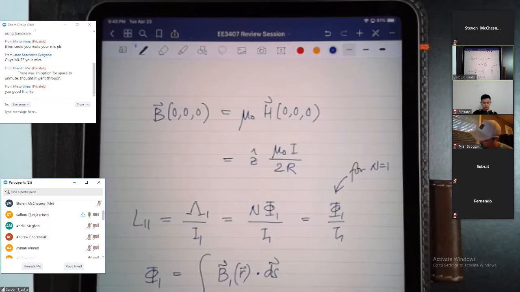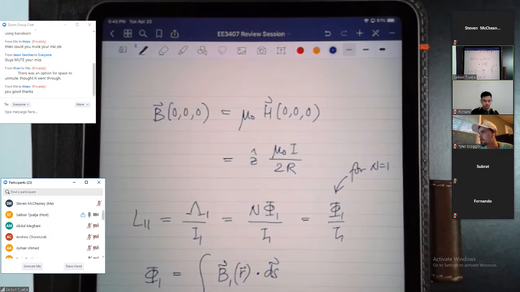If we use the cylindrical coordinate system, then at any point I have this r and this phi.